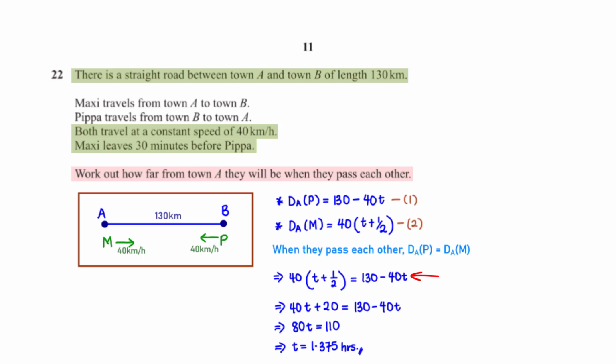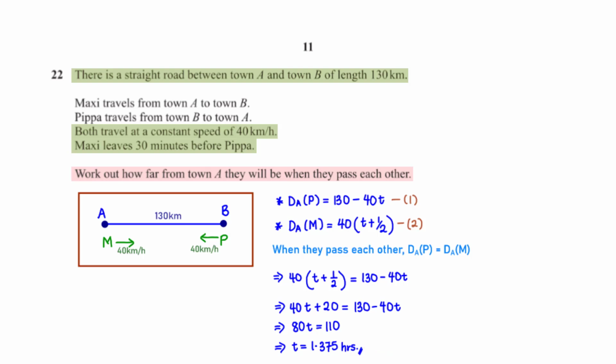When we expand the brackets, 40 times t is 40t and 40 times half is 20. When we group like terms, we have 80t equals 110. When we divide both sides by 80, we have t equals 1.375 hours.